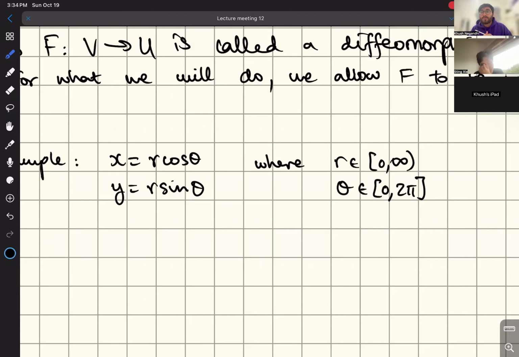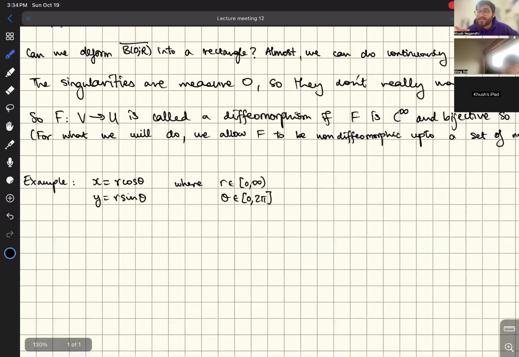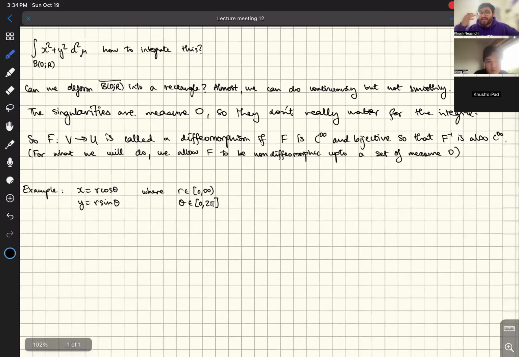So already when we're talking about circles, it's bad enough to try to find diffeomorphisms that are actually diffeomorphisms. But if we think about it, the only place this fails is the ray along the x-axis that starts at 0 and goes along the positive x-axis.